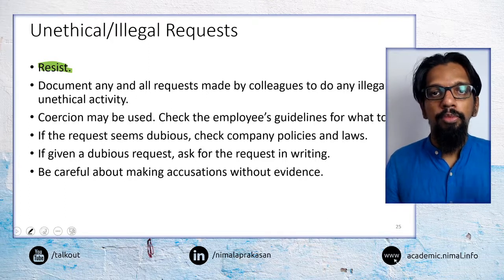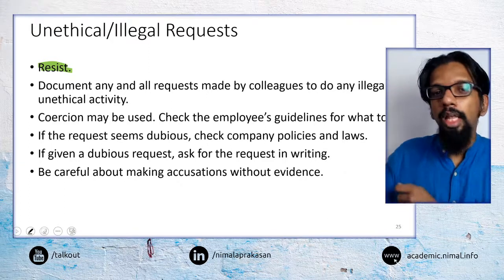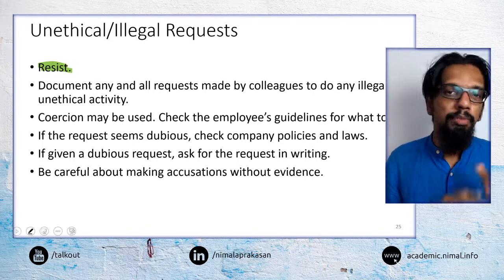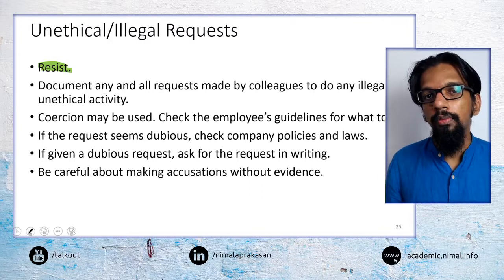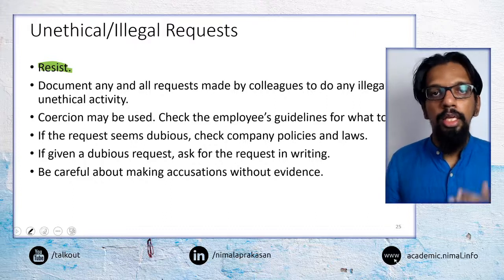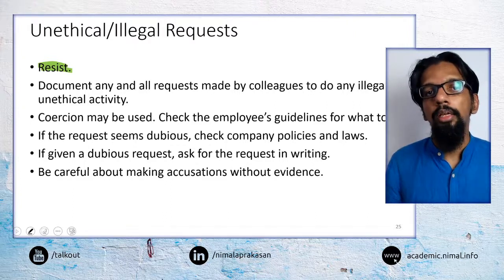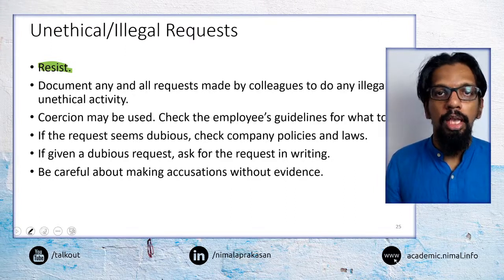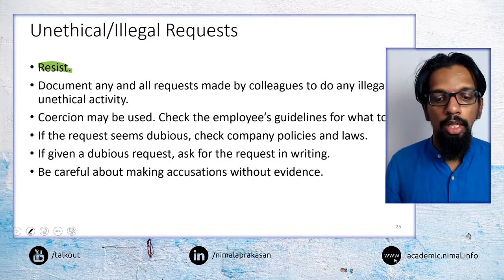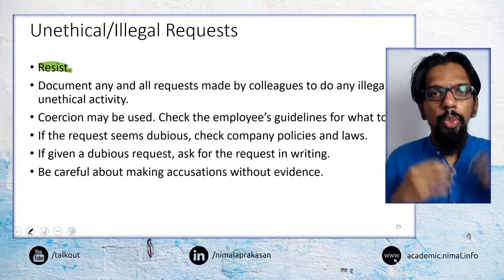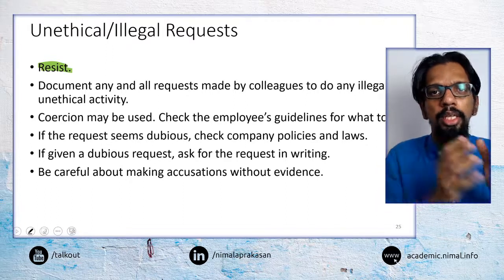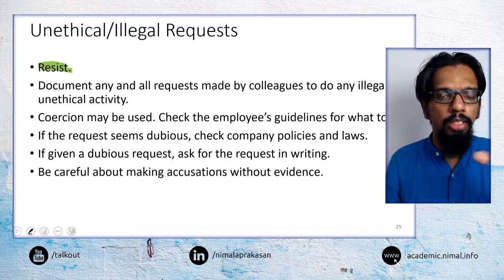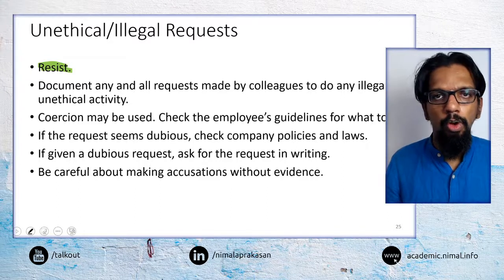Say, for example, if a manager comes and asks you, can you get that file for that employee, and that is not something that you should be giving, then you can tell them, send me an email asking for that. Then at least you have some evidence to say you only gave it to them because there is an official record of that. You cannot just go and make accusations saying asking for that is wrong and you are doing it for a wrong purpose.